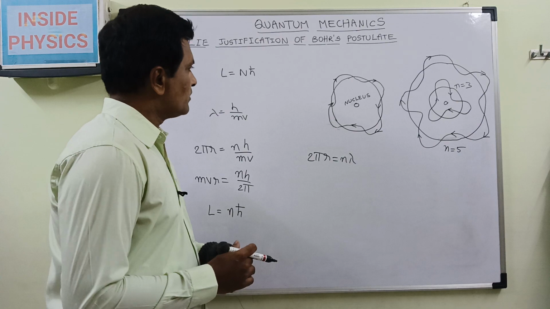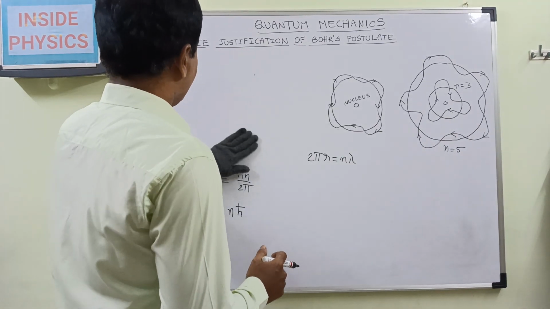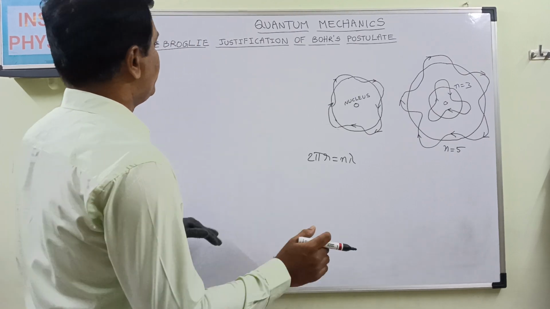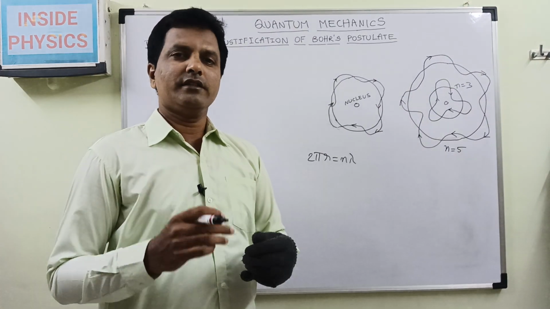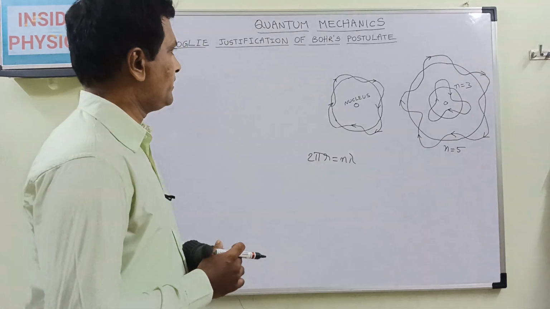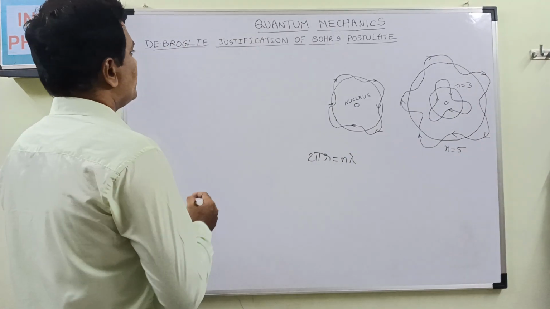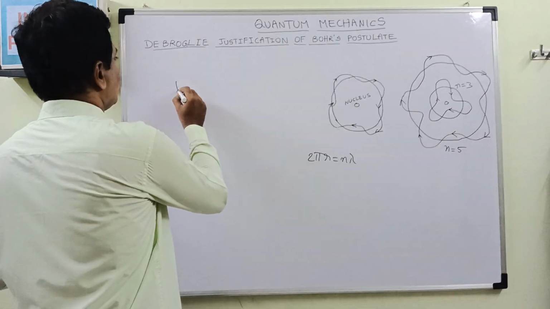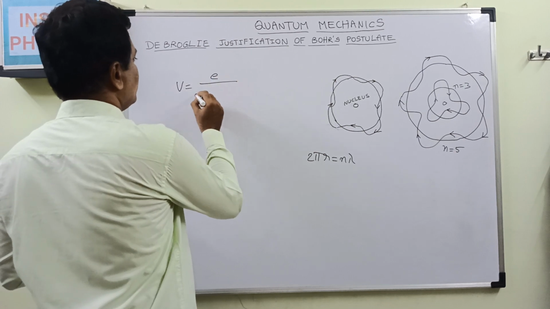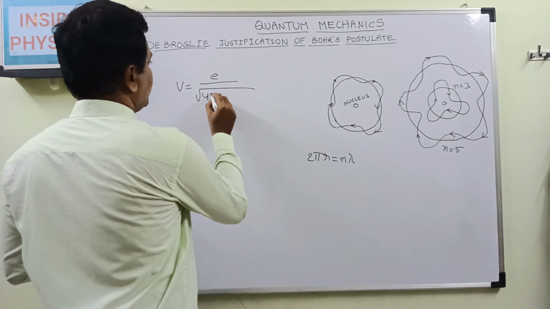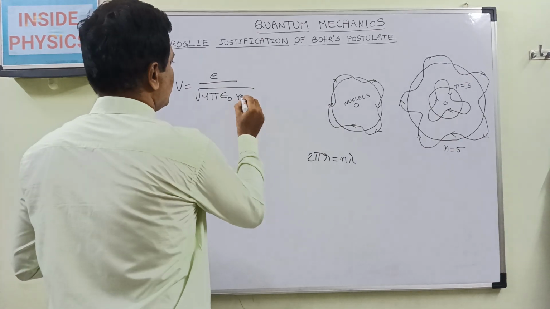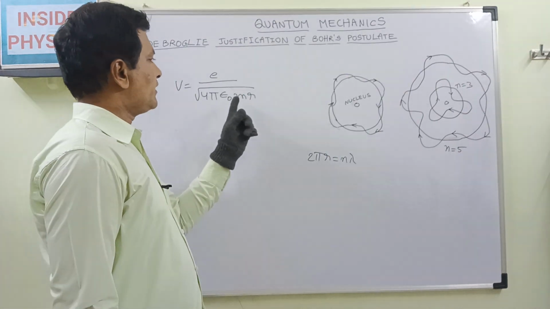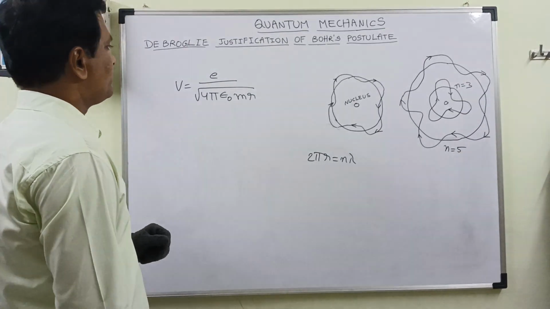In the next step we will see how the de Broglie wavelength is calculated and how it justifies the Bohr postulate. We know that the velocity of the electron in an orbit is equal to e by root of 4 pi epsilon naught m r, where e is the electronic charge, m is the mass of the electron, and r is the radius of the orbit.